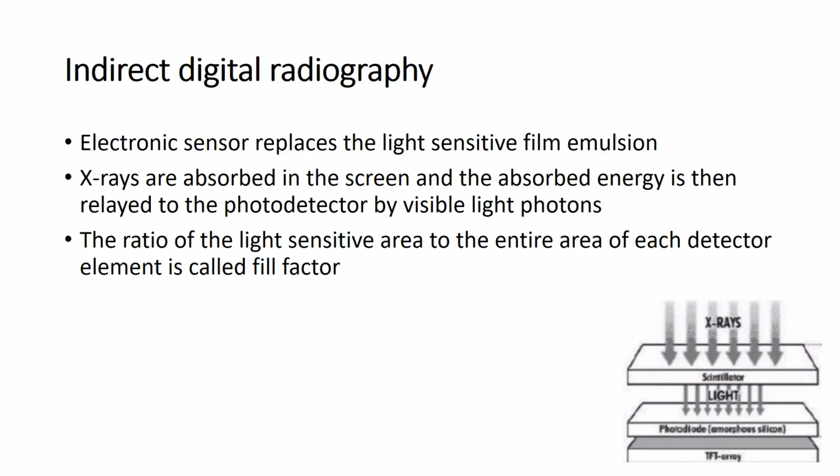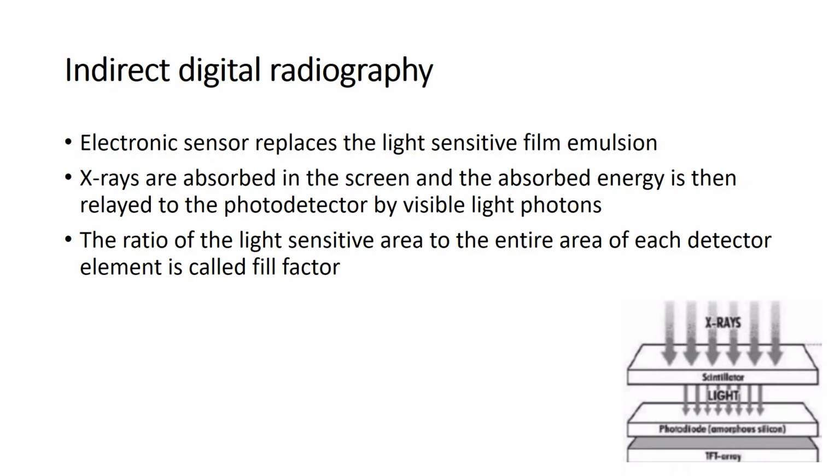The electronic sensors replace the light sensitive film emulsion, and the X-rays are absorbed in the screen, and the absorbed energy is then relayed to the photodetector by visible light photons.